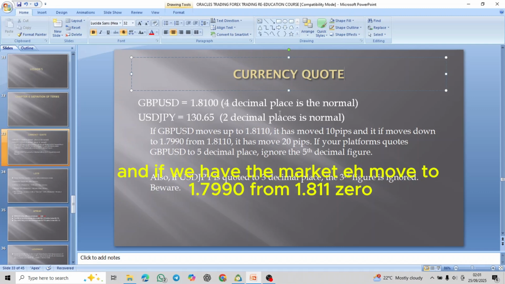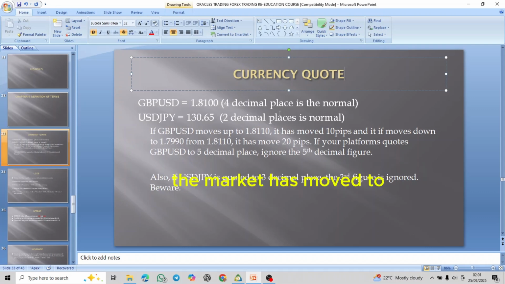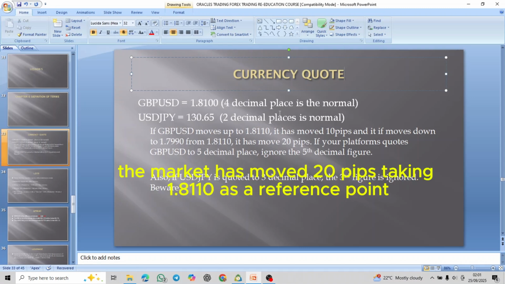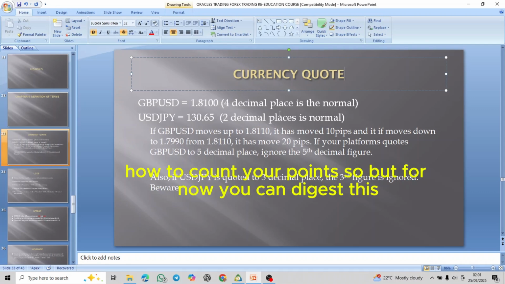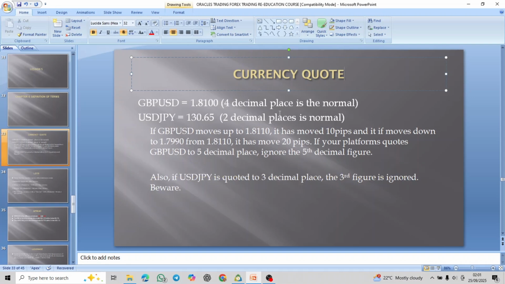And if the market moves to 1.7990 from 1.8110, the market has moved 20 pips, taking 1.8110 as a reference point. So we are going to have time to talk more about pips, how to count your points. But for now, you can digest this.